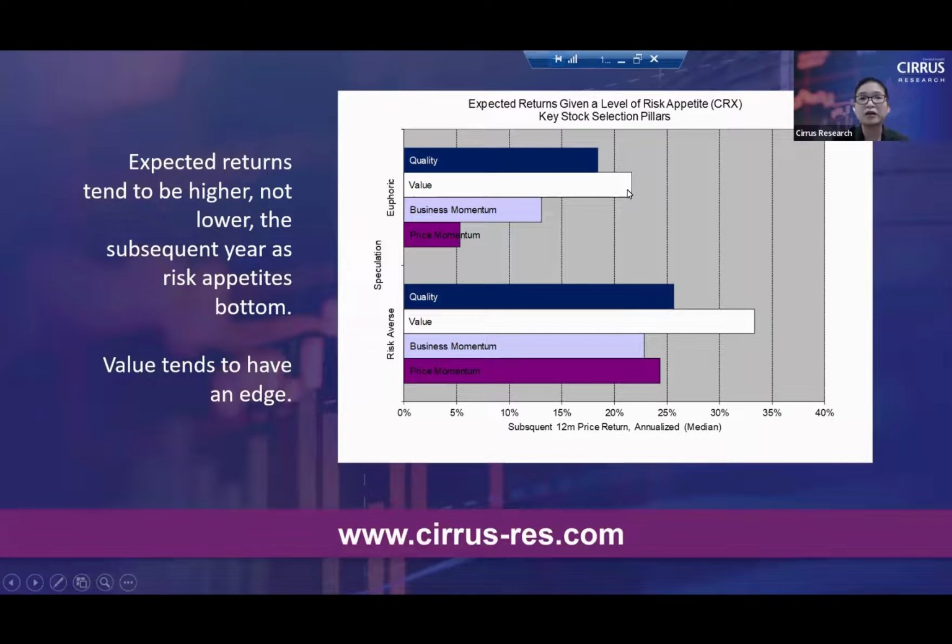On the flip side, when you see that risk taking is very high, you see that price momentum actually falls behind. And this compared to around 24% when the market is much more risk averse.